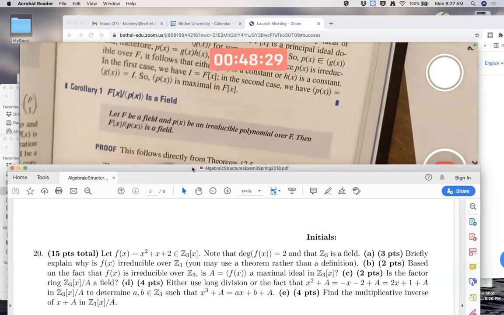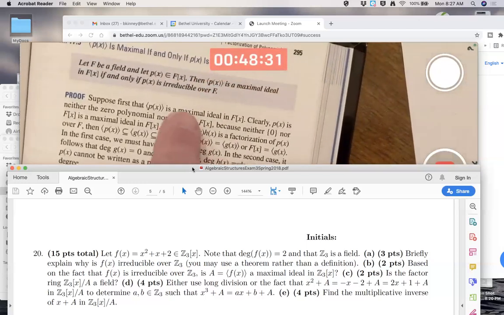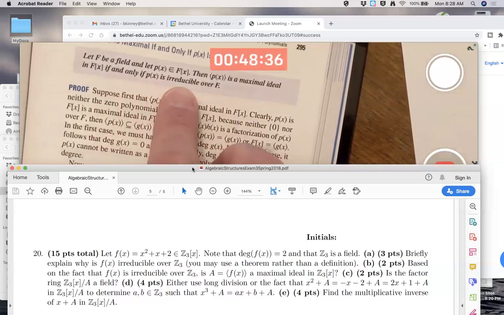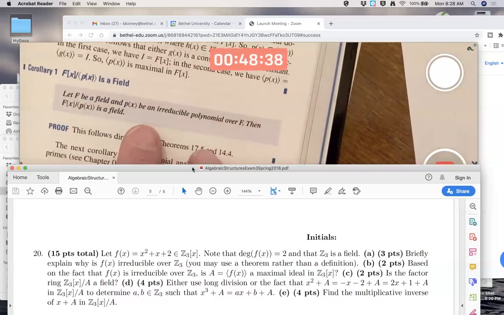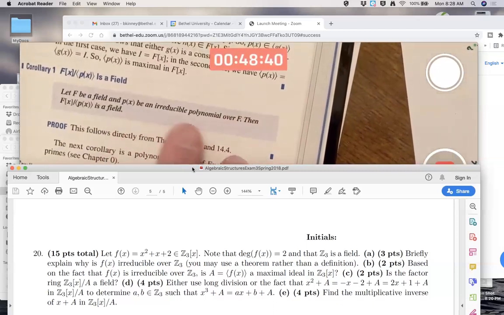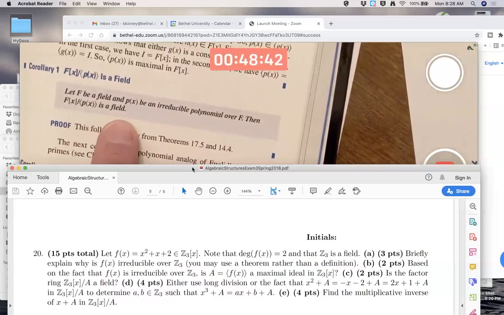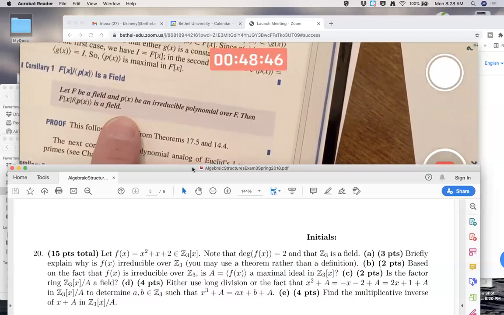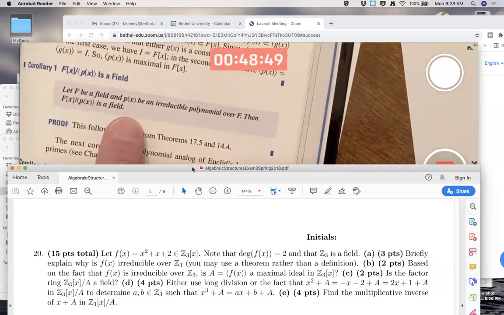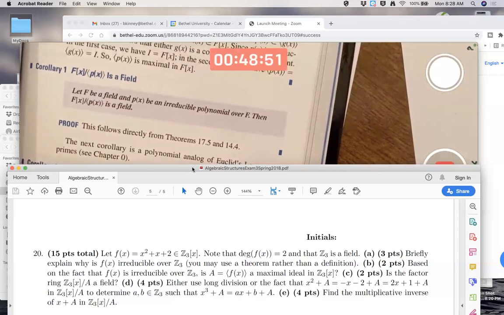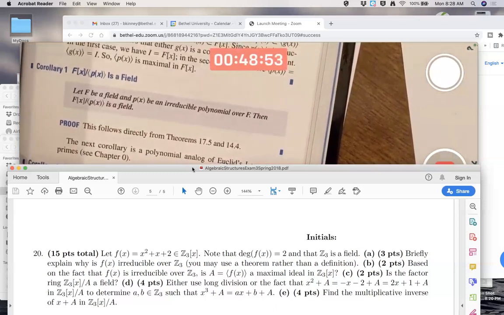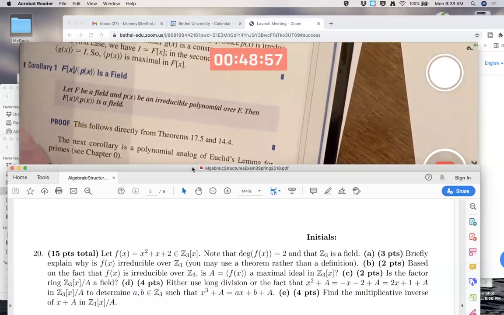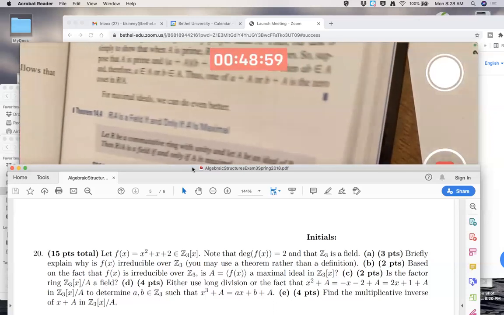This is a corollary of the theorem we just looked at. This is a maximal ideal if and only if p(x) is irreducible over F. Therefore, if p(x) is irreducible over F, then this factor ring is actually a field. It's pretty important here. Again, it is related to chapter 14. That's the chapter about ideals. When prime ideal and maximal ideal were first defined, we had this theorem here.